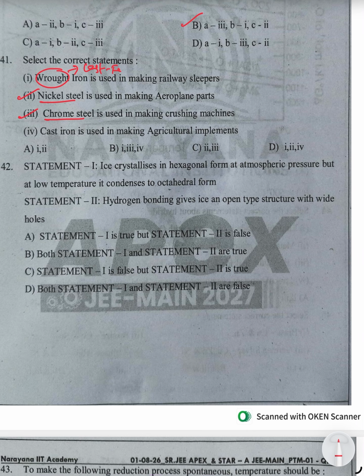Why? Because chrome steel is the hardest substance. I mean, that is very hard, so it is used in the crushing of machines. Second, third and next fourth one, if you see, cast iron is used in making agriculture implements. Agriculture implements, not cast iron. Generally wrought iron is used. So second and third, this is wrought iron.